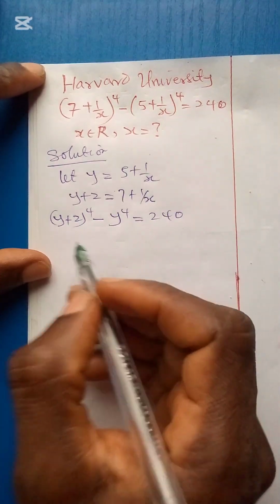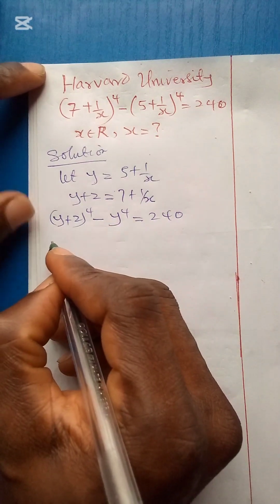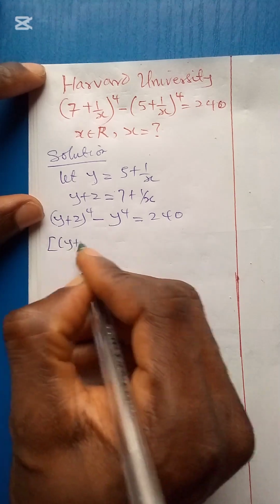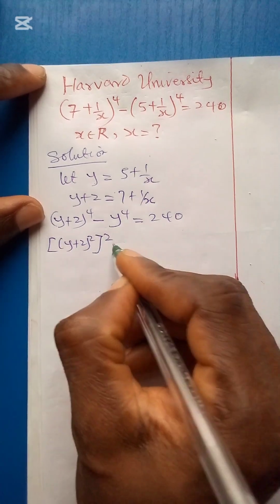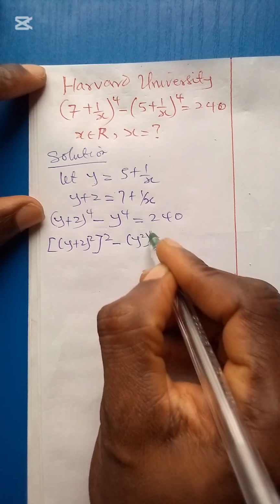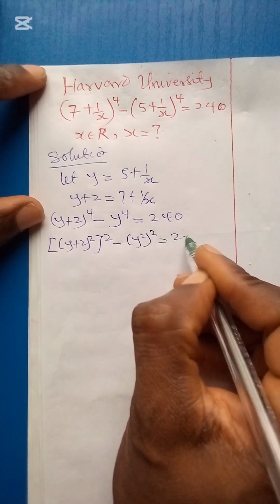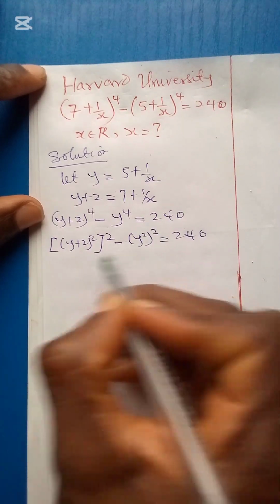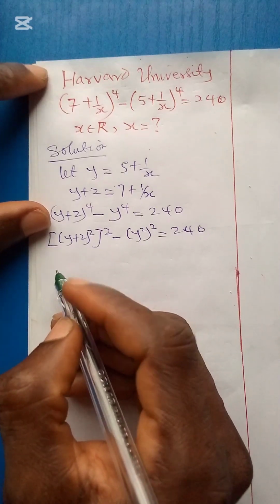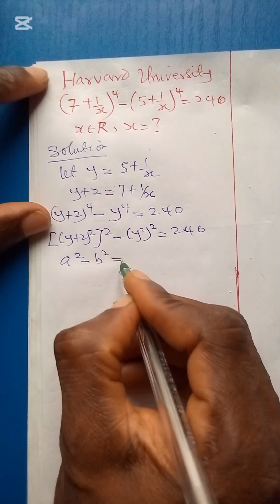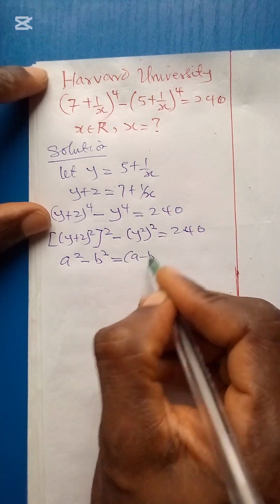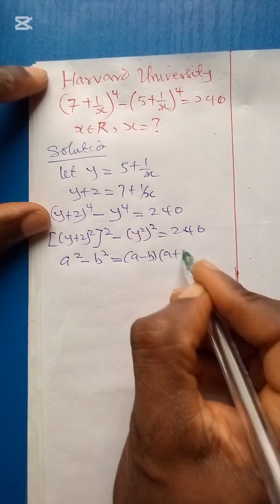Now I can rewrite this as ((y + 2)^2)^2 minus (y^2)^2 is equal to 240. So basically what I have is difference of two squares. If I have a^2 minus b^2, it will expand into (a minus b) times (a plus b).